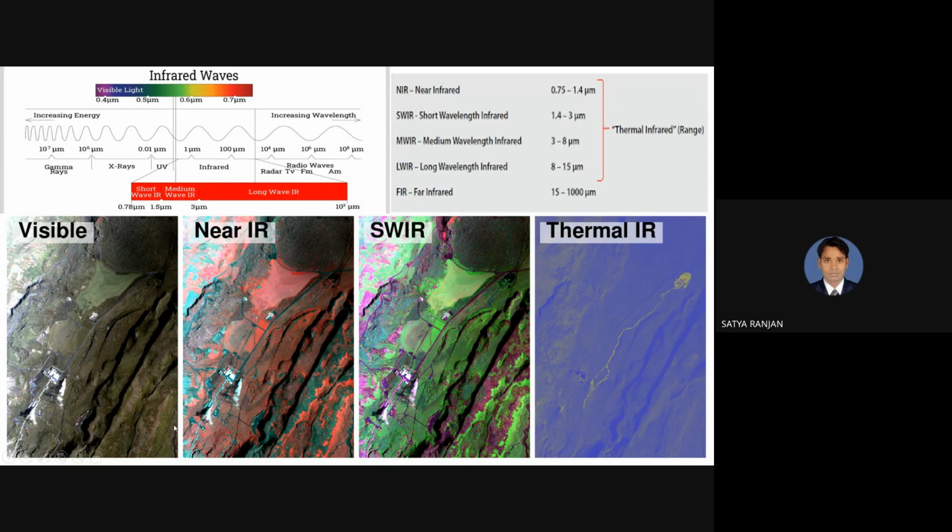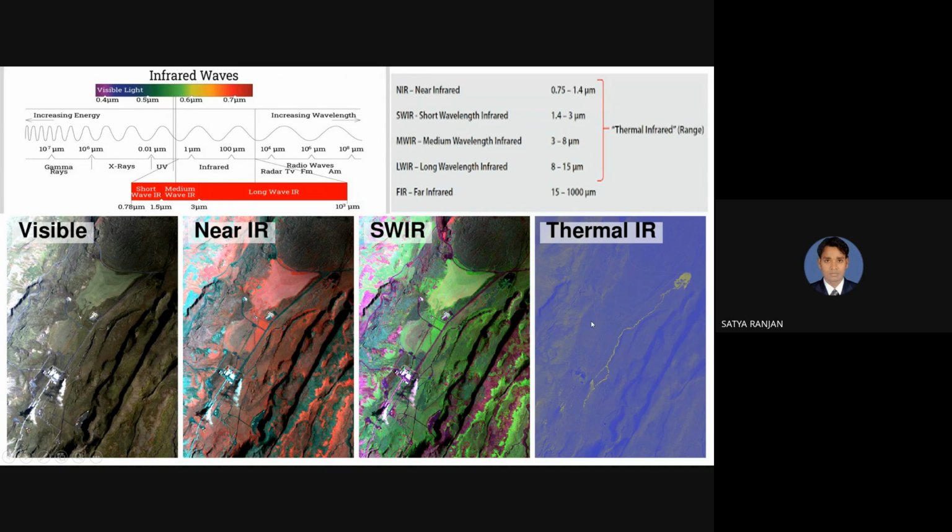So this is what the satellite images look like. This is the visible range satellite image. Then this is the near infrared. Then there is the short wave infrared, and this is the thermal infrared. So thermal infrared image is like this. So different bands look like different images.